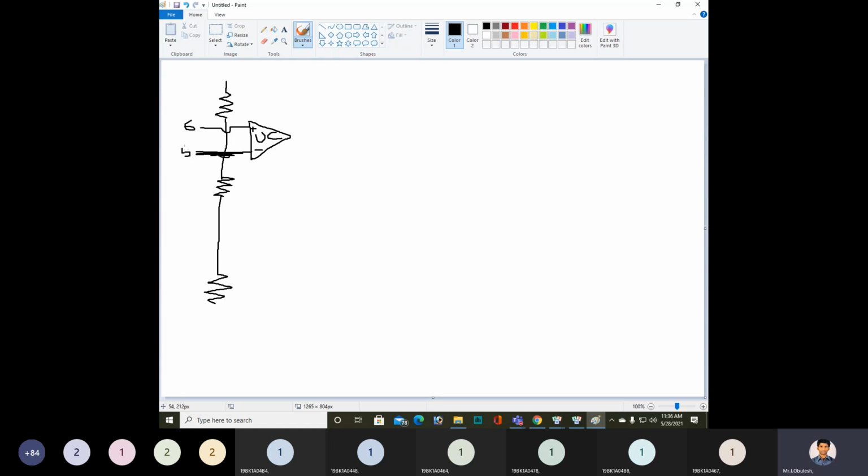This is the 5th pin. 6th pin is nothing but threshold. 5th means control. This is the control pin. This is the threshold.